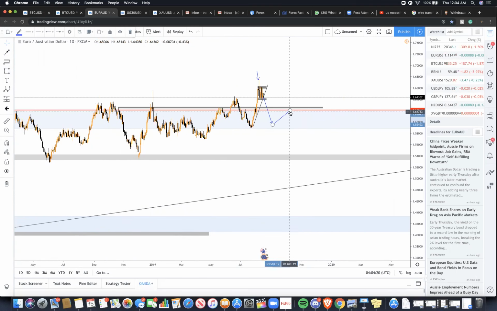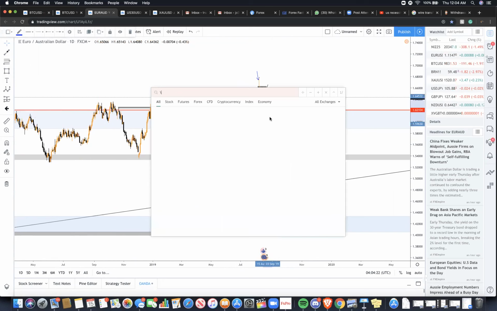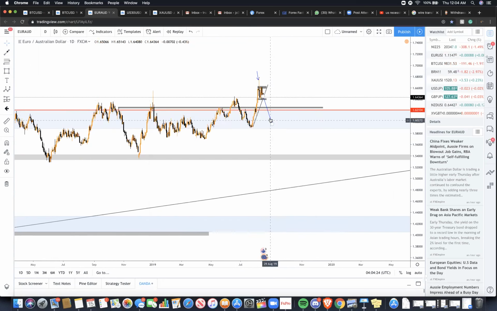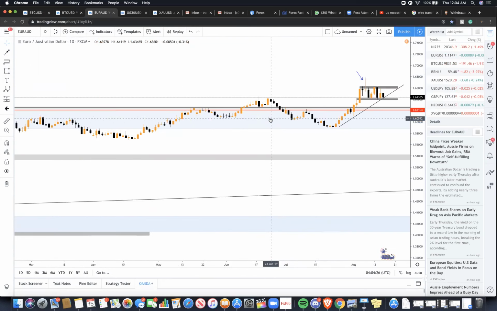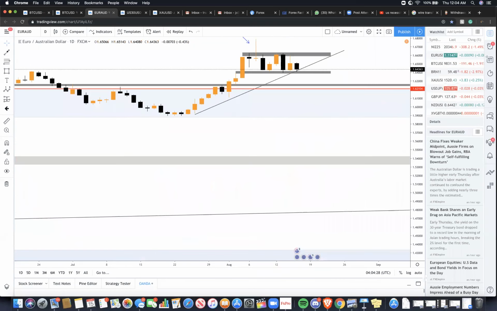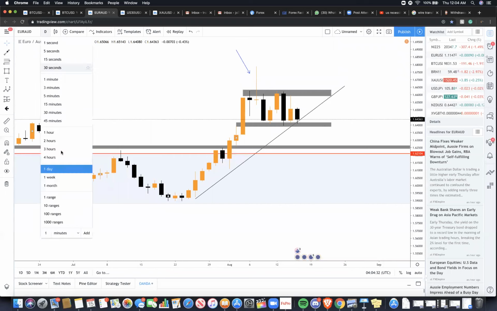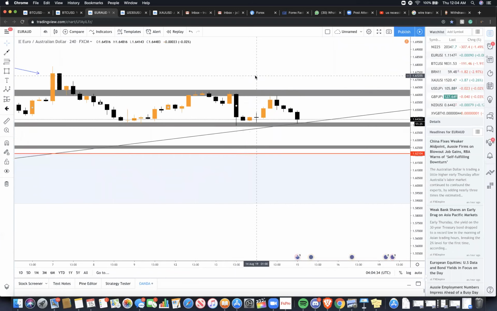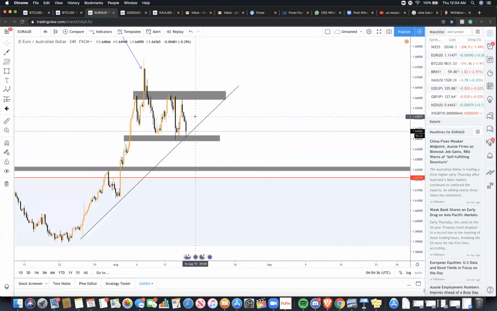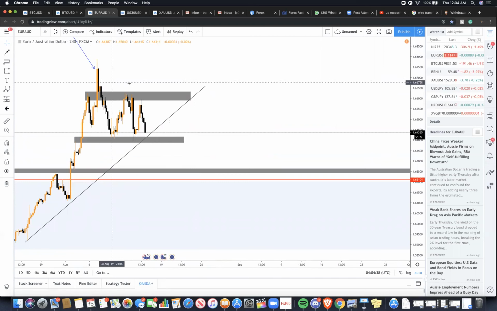Now, based off of what I'm looking at in the time frame, the one confirmation I have that the market is moving down is the fact that the market faked out of the zone here. Sorry if I'm getting you guys dizzy. It faked out of the zone here and it's respecting it.